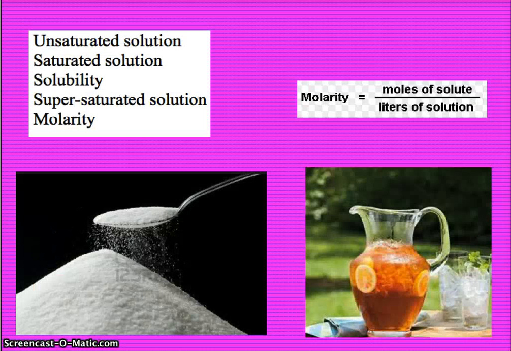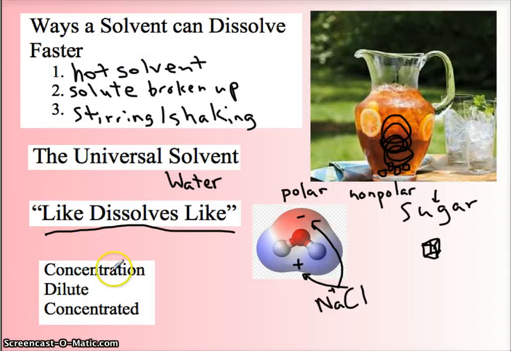We have several things that I didn't get to yet. Concentration, dilute, and concentrated. The term concentration is the amount of solute in a given solution. If something is considered dilute, you have a small amount of solute. If something is considered concentrated, you have a high amount of solute.